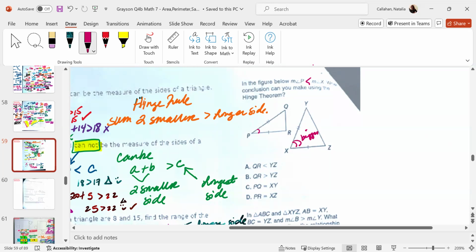You see how the answers right here are all sides, right? So if angle P is less than angle x, find the corresponding side. Which side corresponds to angle P?